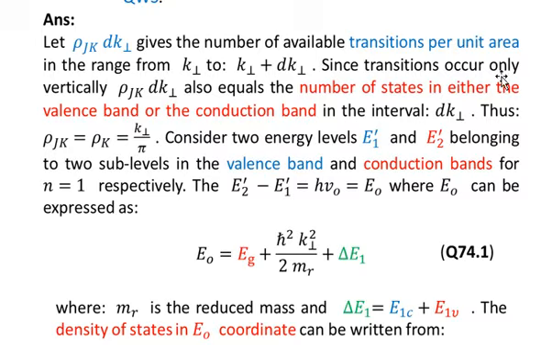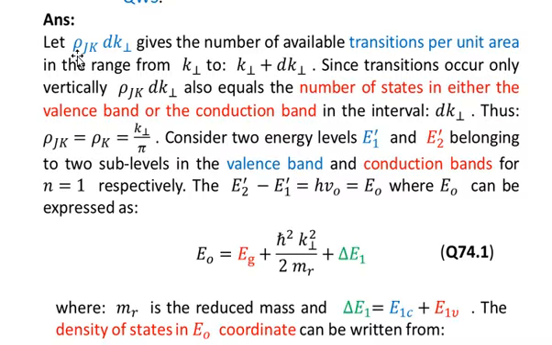Since transitions only occur vertically, that is along the z direction, rho jk dk perpendicular also equals the number of states in either the valence band or conduction band in the interval dk perpendicular.